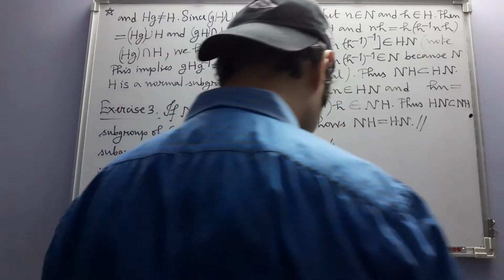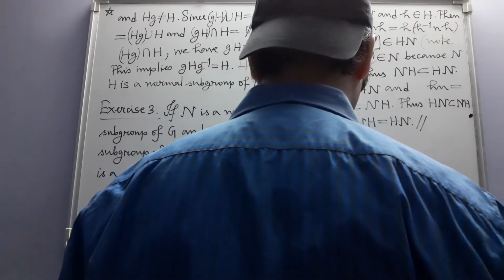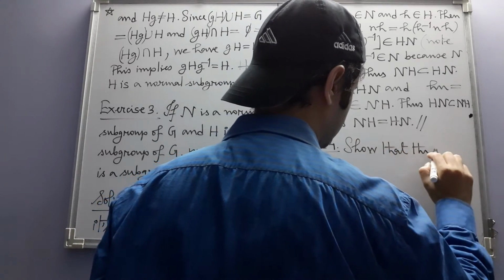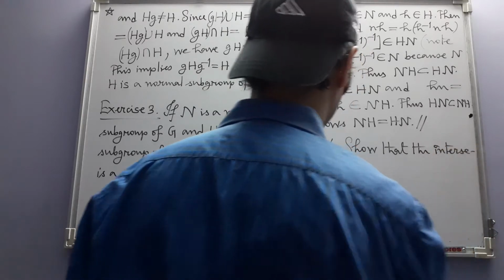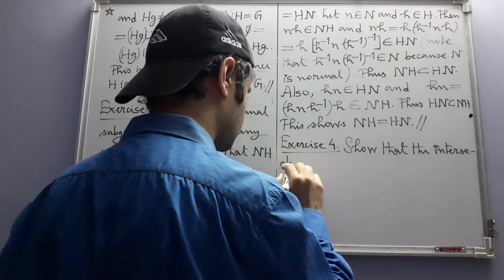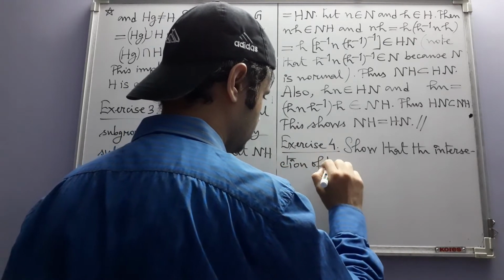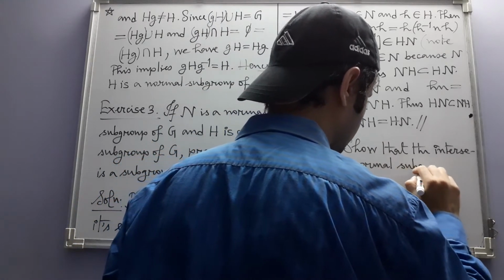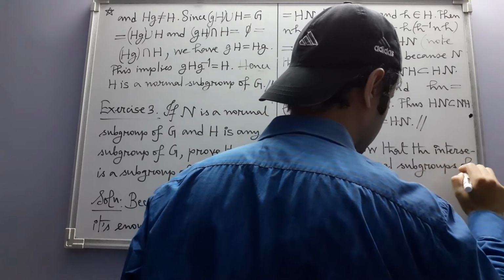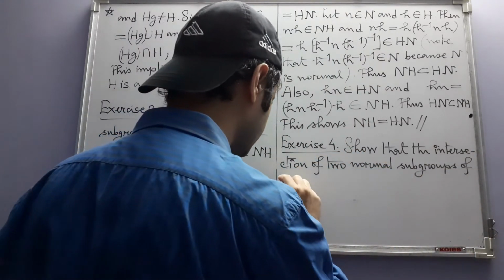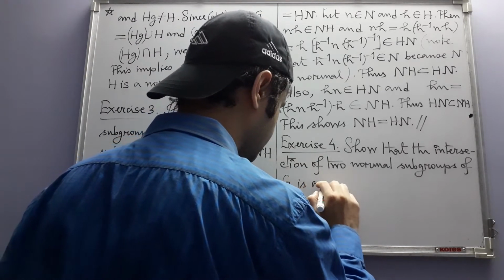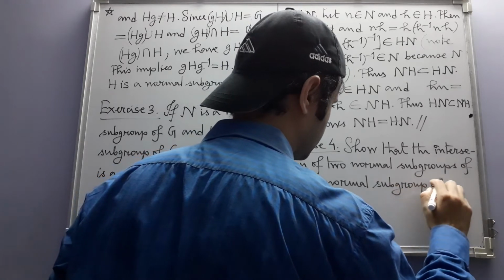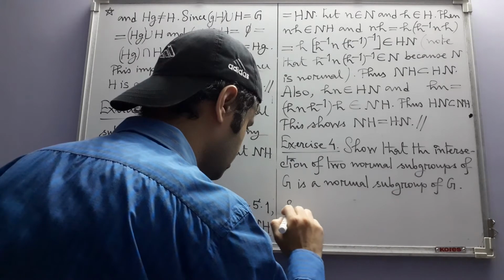Exercise 4. Show that the intersection of two normal subgroups of G, where G is a group, is again a normal subgroup of G. This one is quite straightforward.